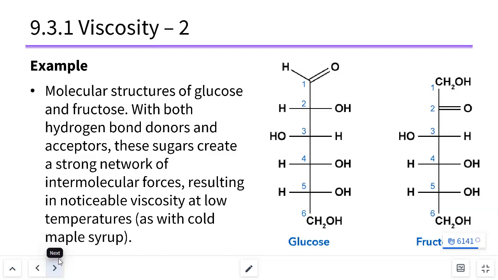I've got polar centers that are very highly hydrogen-bonding friendly because I've got all these potential hydrogen bonds there. So in a molecule of glucose, I see 5 potential hydrogen bonds. In a molecule of fructose, I see 4, maybe 5 potential hydrogen bonds. That's significant.